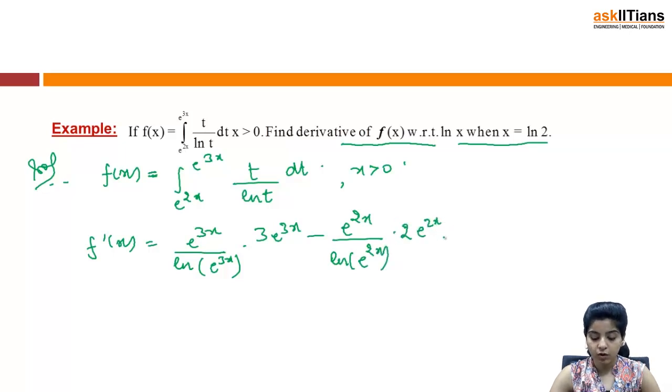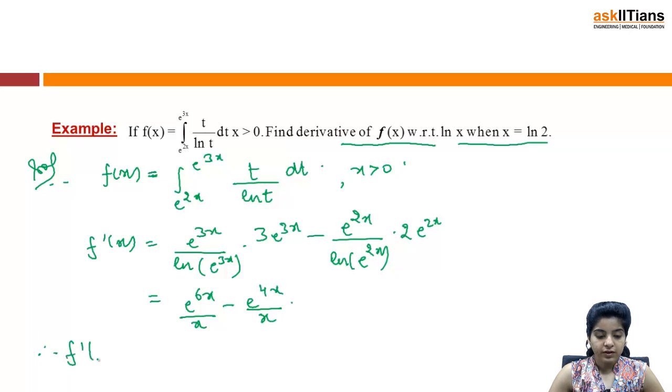So this is what we have got. So this would be equal to, now ln e raised to 3x becomes 3x and 3 gets cancelled. So we have e raised to 6x by x minus e raised to 4x by x.